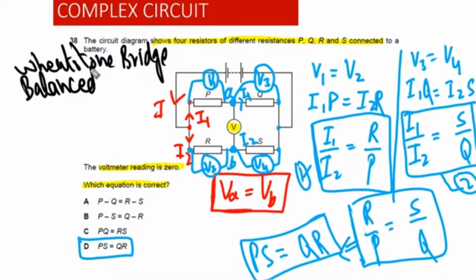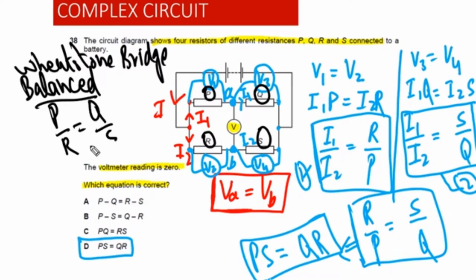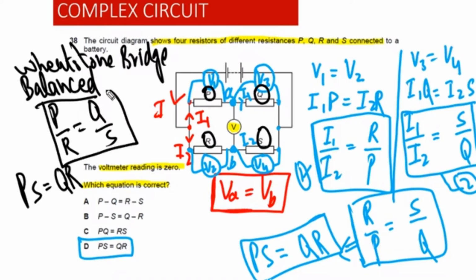So if the Wheatstone bridge is balanced, then the ratio between this resistor and this resistor is always equal to the ratio between the next two resistors, Q and S. Q over S. So then simply we can find our answer that PS will be equal to Q times R. Simply, if you can identify a Wheatstone bridge circuit and check whether it is balanced or not, if it is balanced, then you can use this ratio method and find your answer. This is a shortcut method.